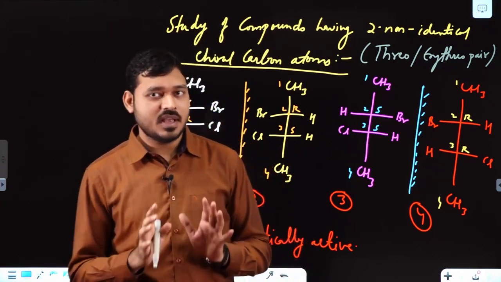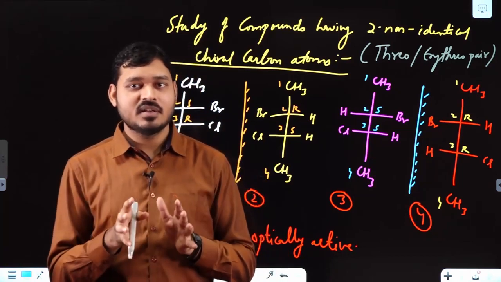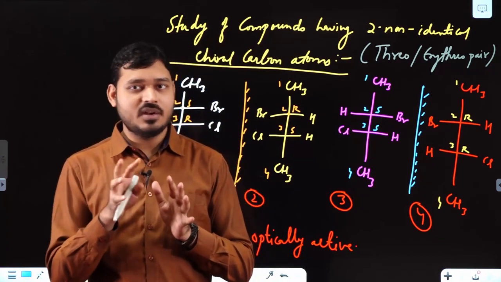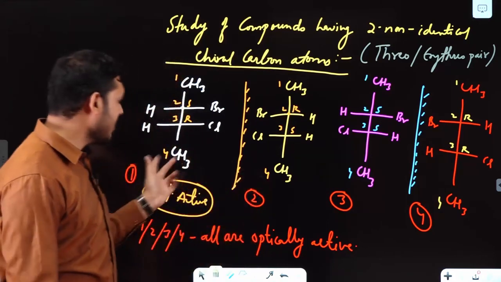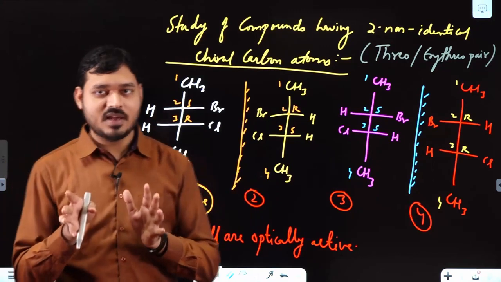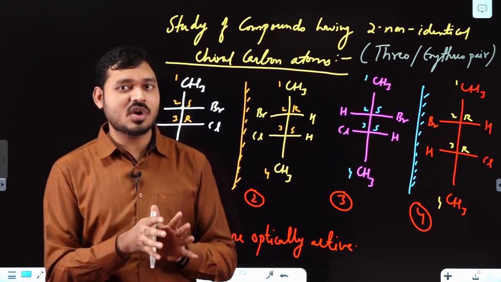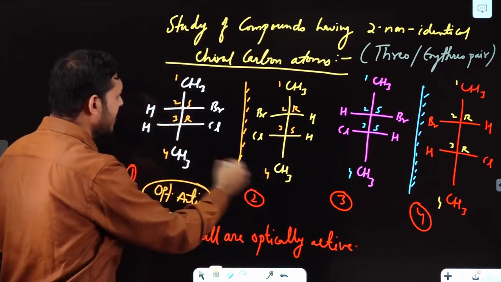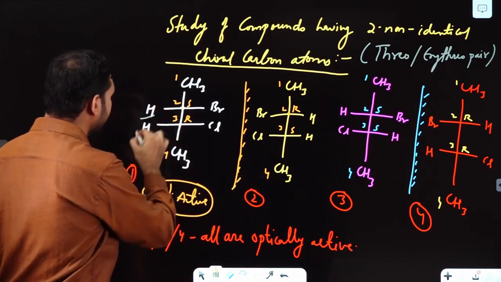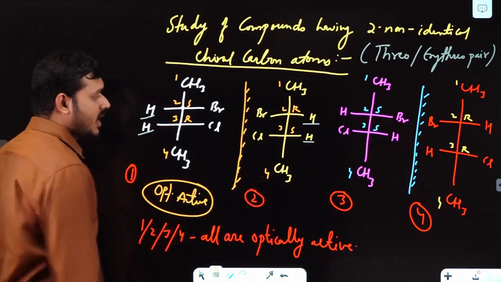What happens if the enantiomeric pair having two non-identical chiral carbons, just like 1 and 2, enantiomeric pair having same atoms or groups on same side, it is called as erythro. So 1 and 2, this enantiomeric pair, same groups on same side. Okay, so this will be your erythro pair.